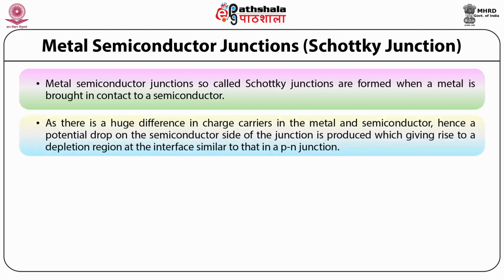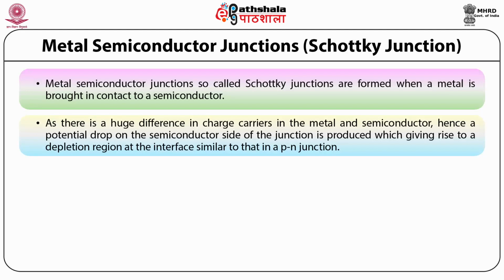As there is a huge difference in charge carriers in the metal and the semiconductor, hence a potential drop on the semiconductor side of the junction is produced, giving rise to a depletion region at the interface similar to that in a PN junction.